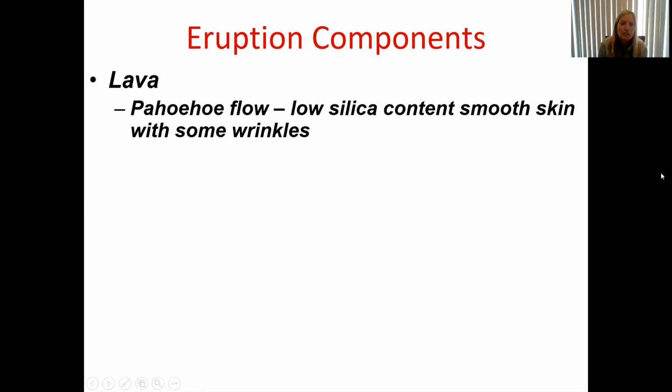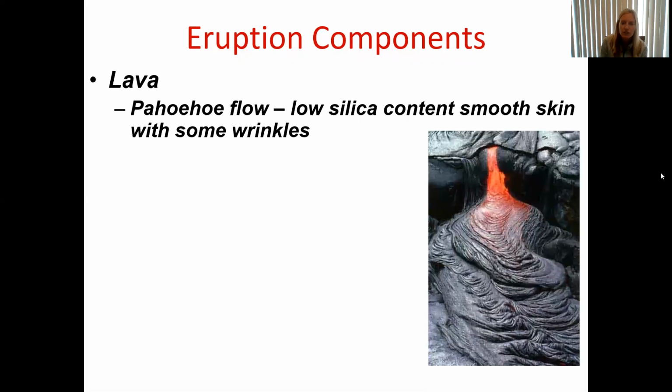The first one is pronounced pahoehoe, and that is when we have a low silica content. So it's going to give us this really smooth lava that isn't very viscous. Like I said, it's going to flow really easily. So there's our pahoehoe flow.